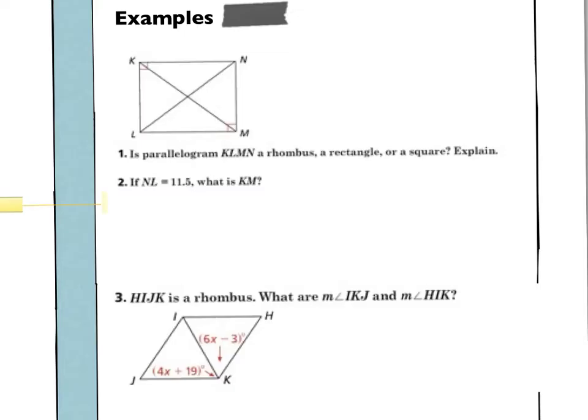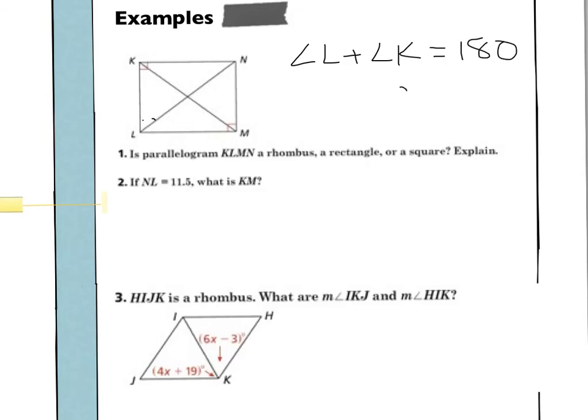So let's look at some examples. Example number 1 says, is parallelogram KLMN a rhombus, a rectangle, or a square? Explain. So let's look at what we have. We've got some right angles marked, and we know it's a parallelogram. So angle L plus angle K have to add up to 180 because consecutive angles are supplementary in parallelograms.